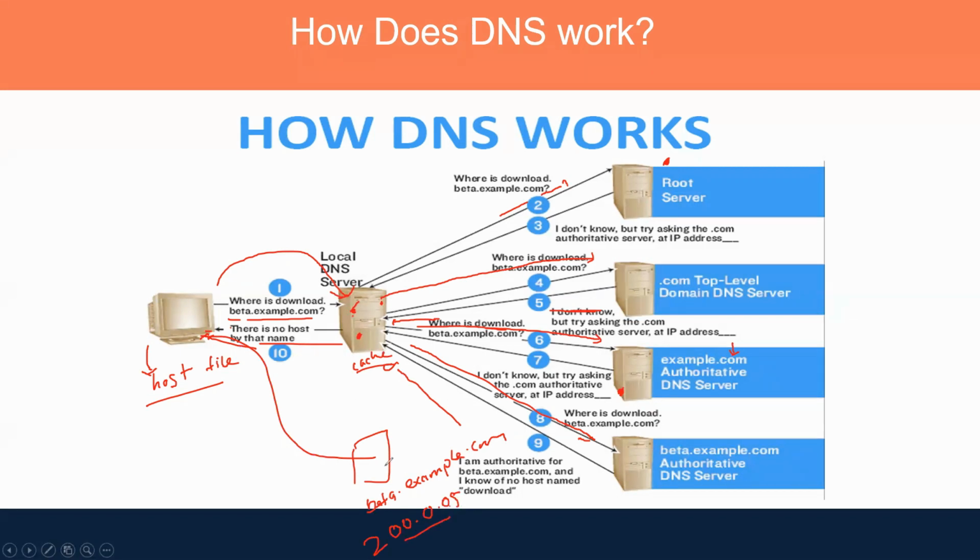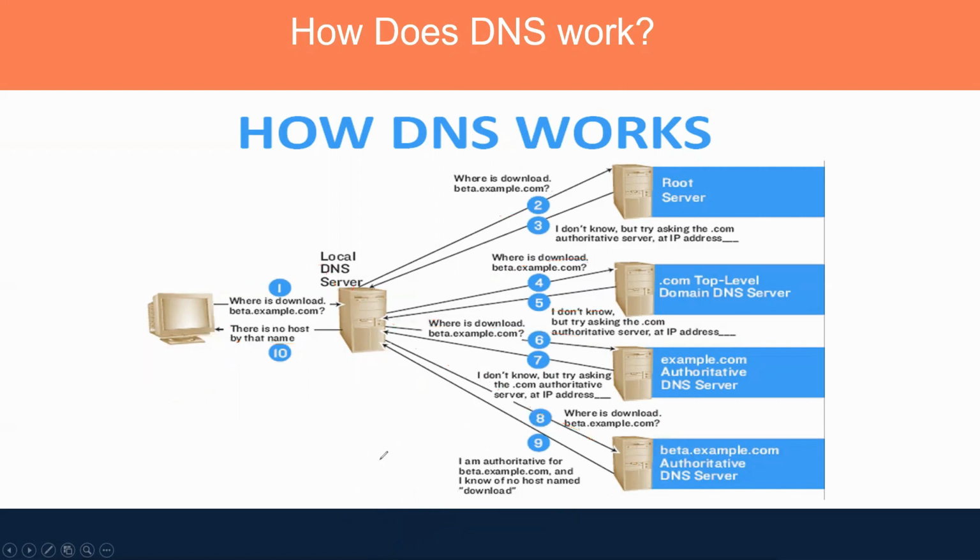So traffic would go to this beta.example.com, and the host would directly try to access this public IP. So this is overall how the DNS works.